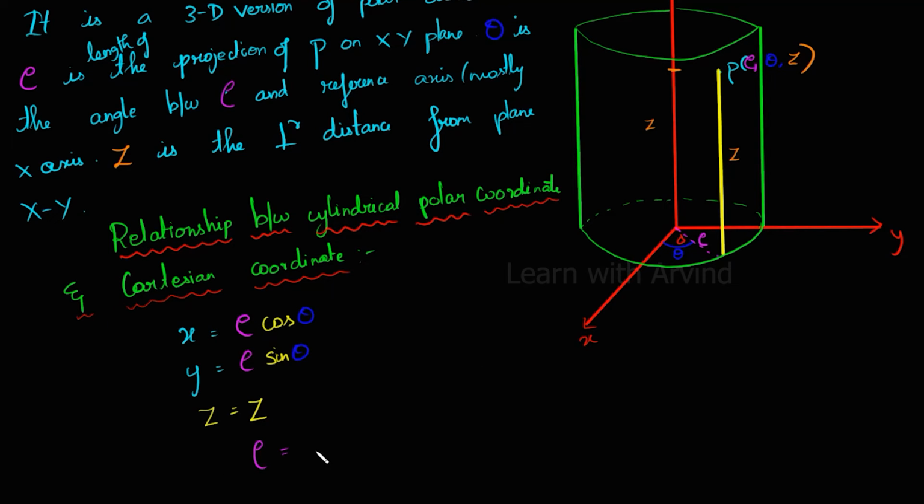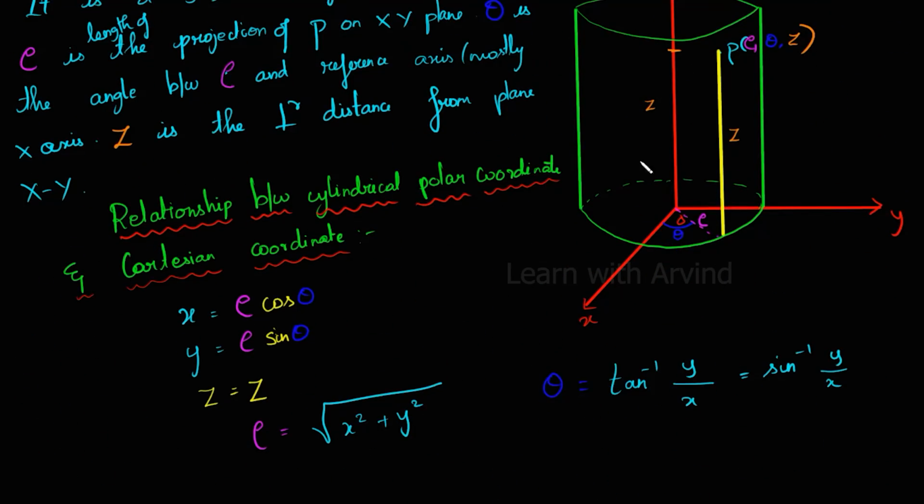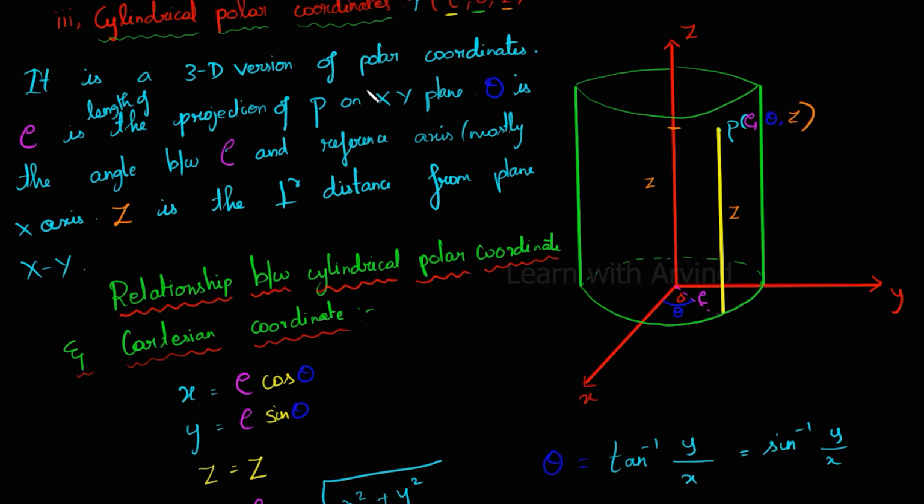This rho is the length of the projection and theta is the angle. Rho is given by root of x square plus y square and theta is tan inverse of y by x, and another formula is sin inverse of y by x. You could see this is just the extended version of polar coordinates.